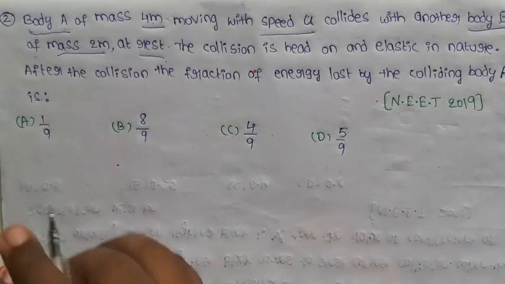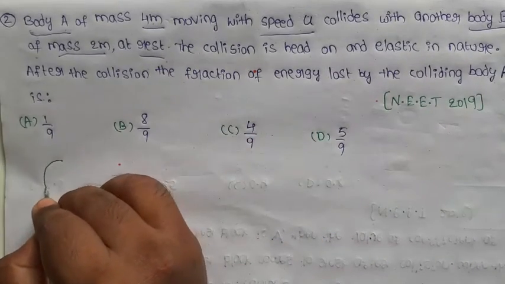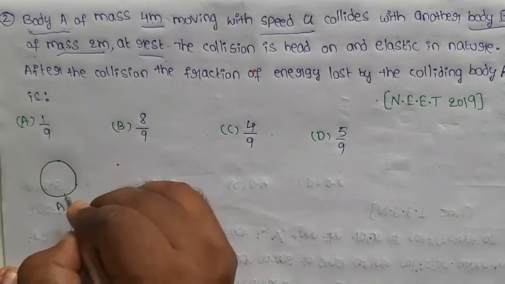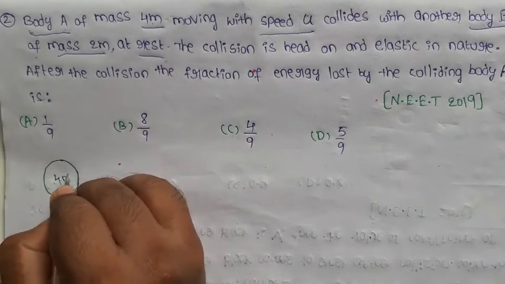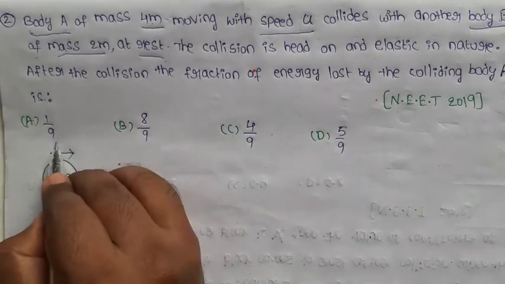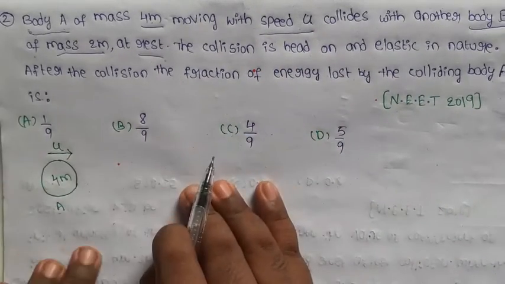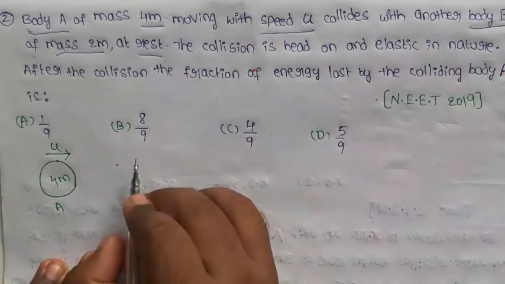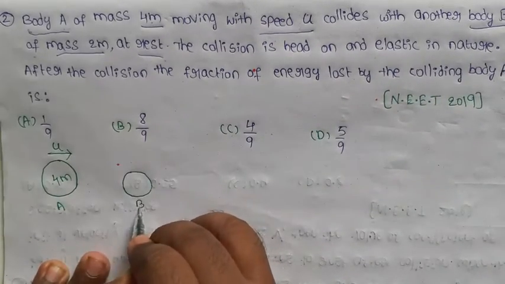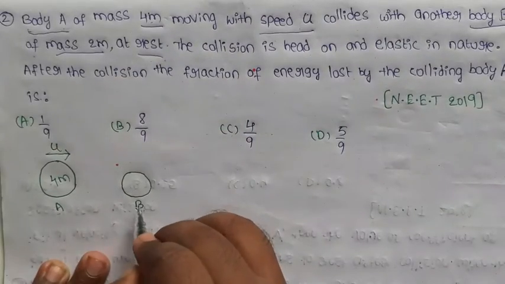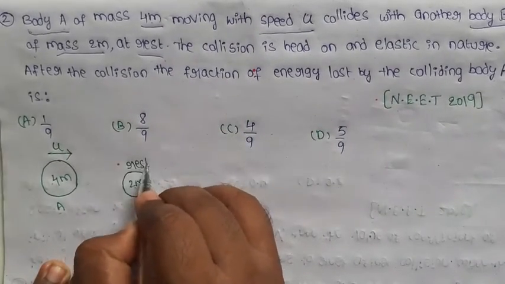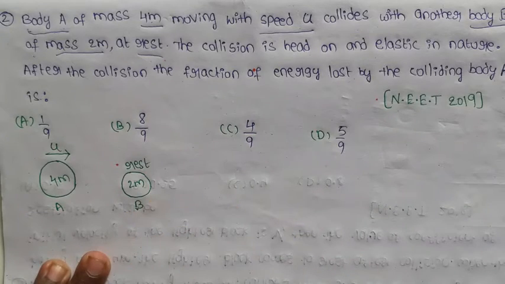So I am taking this as object A having mass 4m moving with speed of u. Next, object B of mass 2m is at rest. This is about before collision.